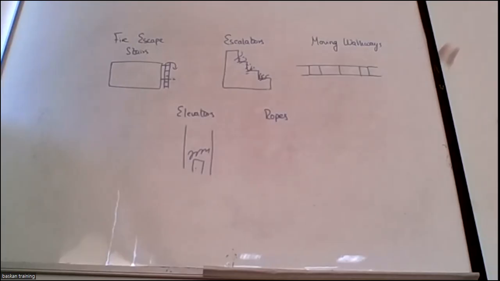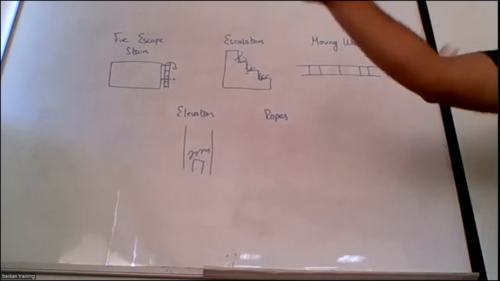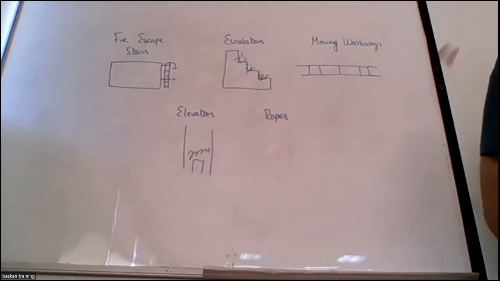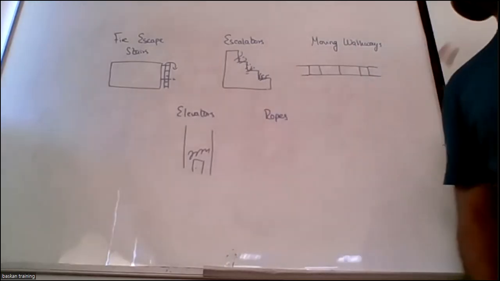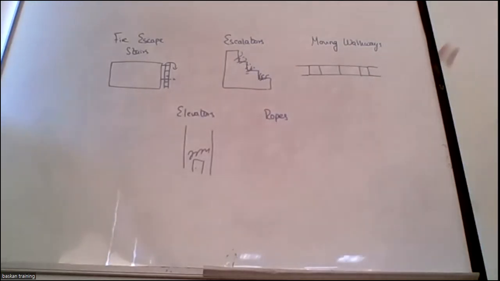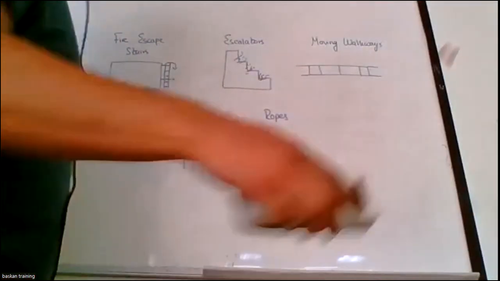So whenever there is a diplomat or VVIP personnel, the balcony rooms will always be reserved for these people, so that in case of any emergency, they can be escaped by the aerial ladder. That's why their rates are also usually higher. Windows, ropes are not considered as means of egress.